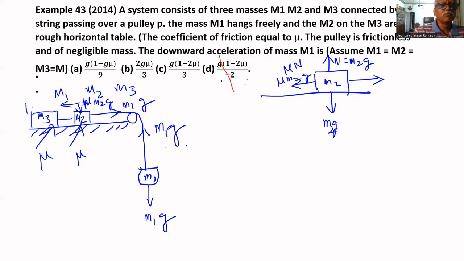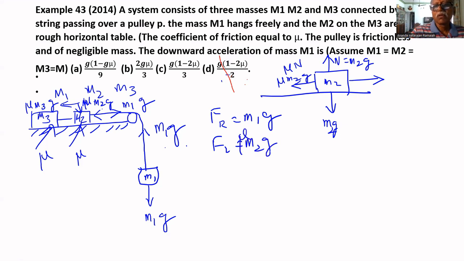Similarly, this is also mu M3G. These are all acting on the string. Therefore, the force acting towards the right is F right equal to M1G. F left equals M2G multiplied by mu plus mu M3G.